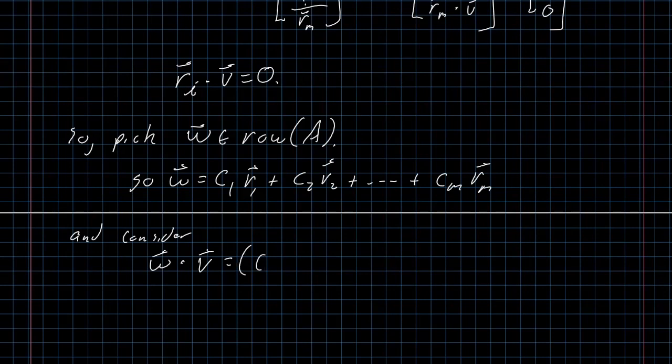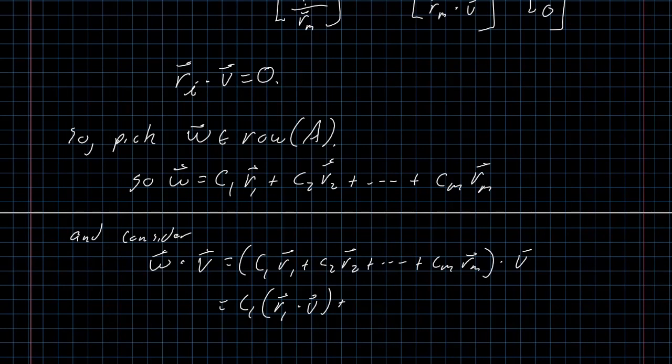This is going to be c1 times R1 dot v plus c2 times R2 dot v, all the way down to cm times Rm dot v.